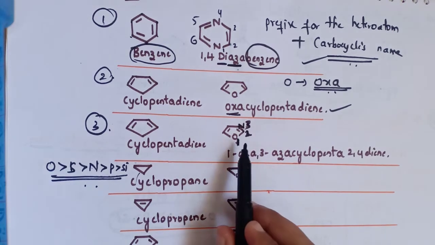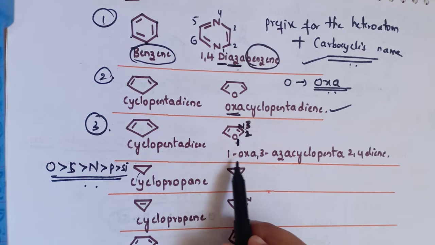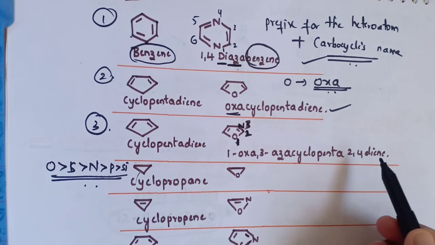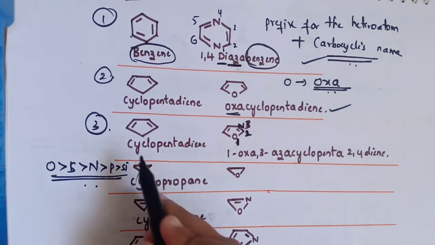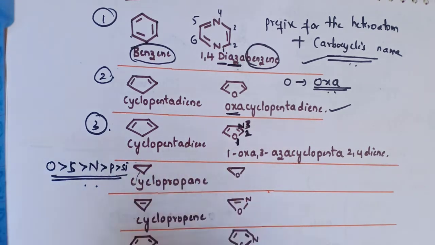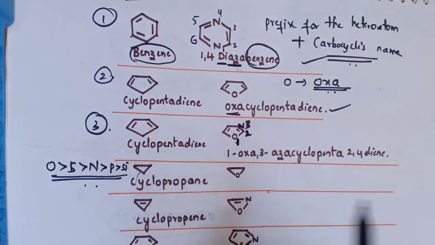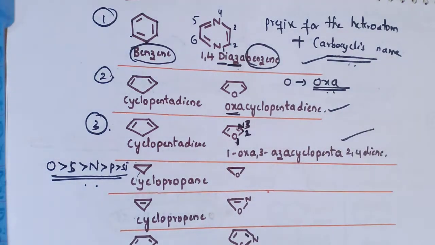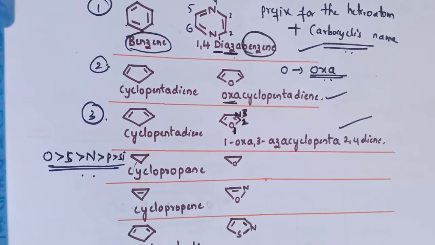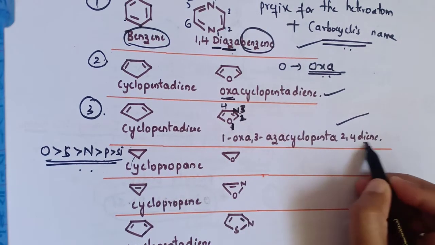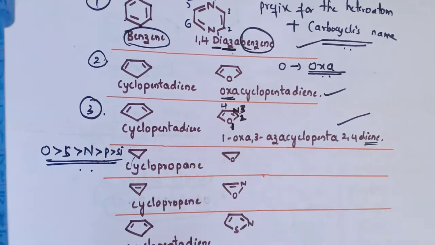Here oxygen is in position 1, so it is 1-oxa, and it is 3-aza-cyclopenta-2,4-diene. You should name it like this: 1-oxa-3-aza-cyclopentadiene. It's enough, this is also completed. Here 2,4-diene means a double bond is present at the 2 and 4 positions, so diene.